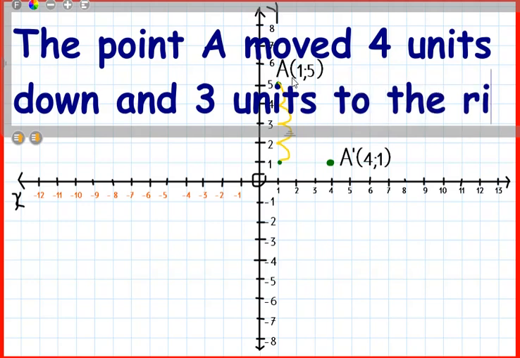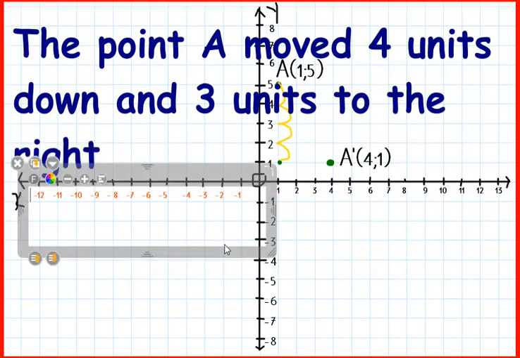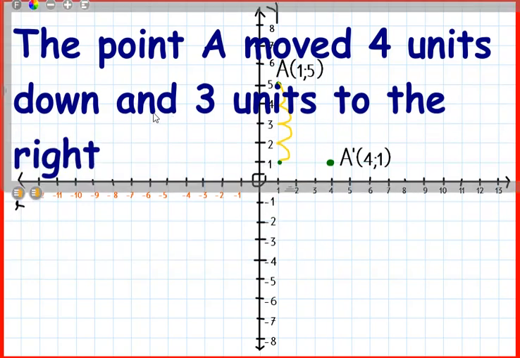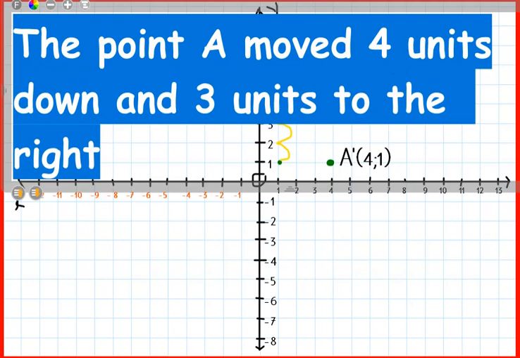There's no rule that tells us how we move from that point. I just want to show you that even if we had moved to the right or left first and then moved down or up second, we would still get to the same point.